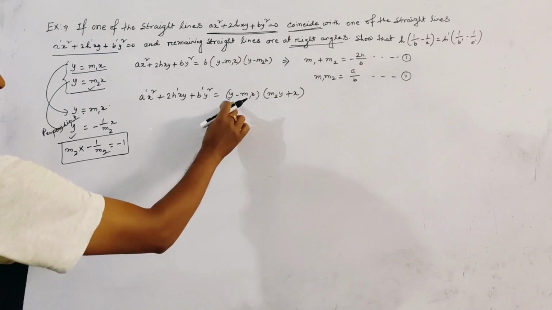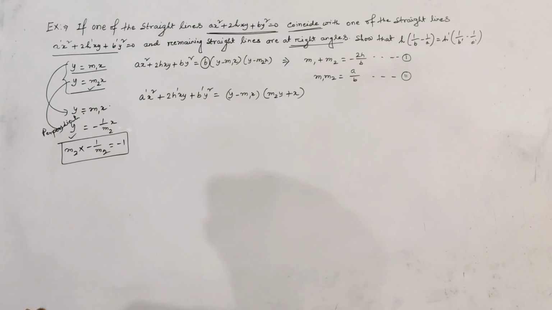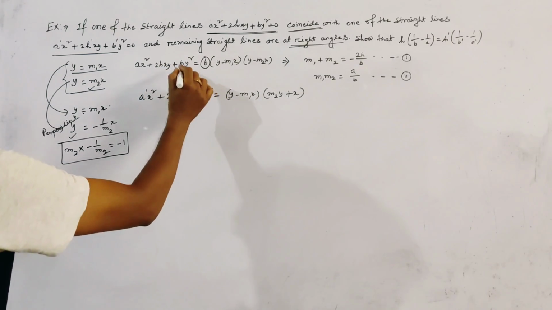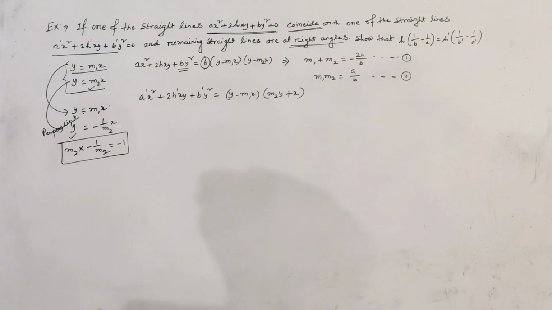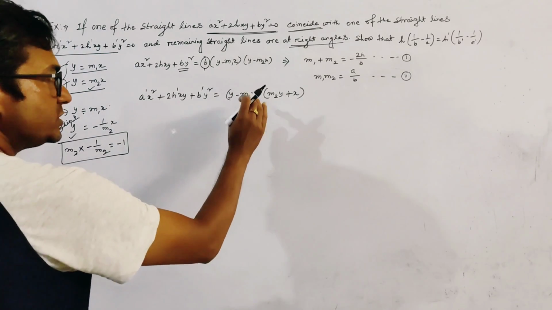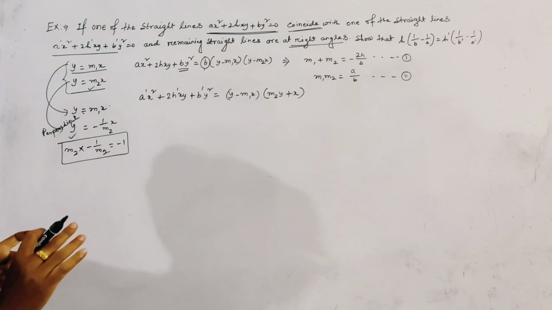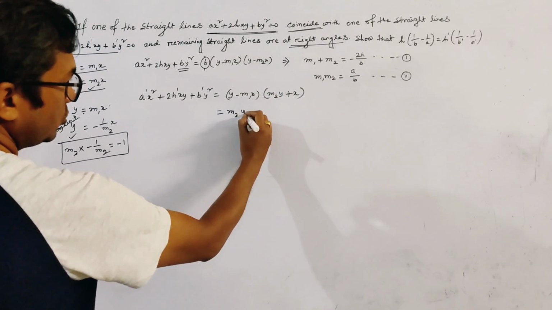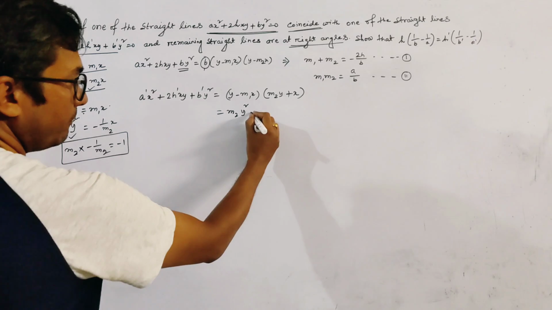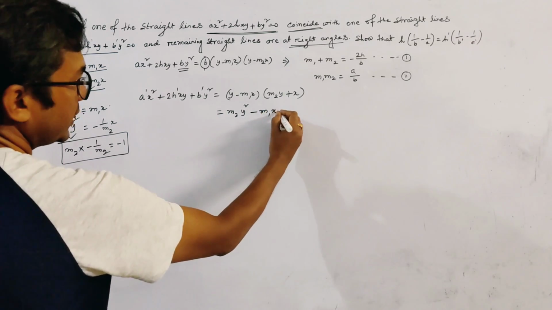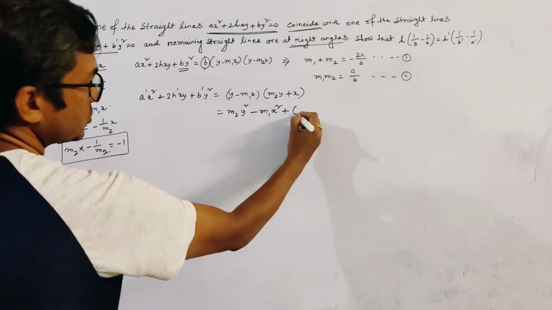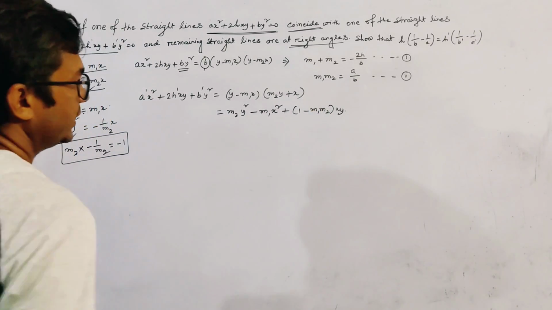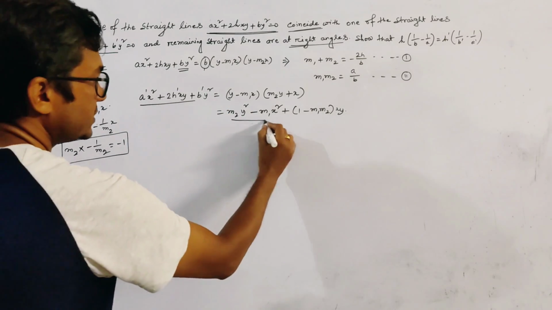There will be no need to multiply b, because here the coefficient of y² is 1, so equating the coefficient of y² we must multiply b on the first side, but here the coefficient of y² is not 1. So we multiply the right side and get m2y² − m1x² + (1 − m1m2)xy.